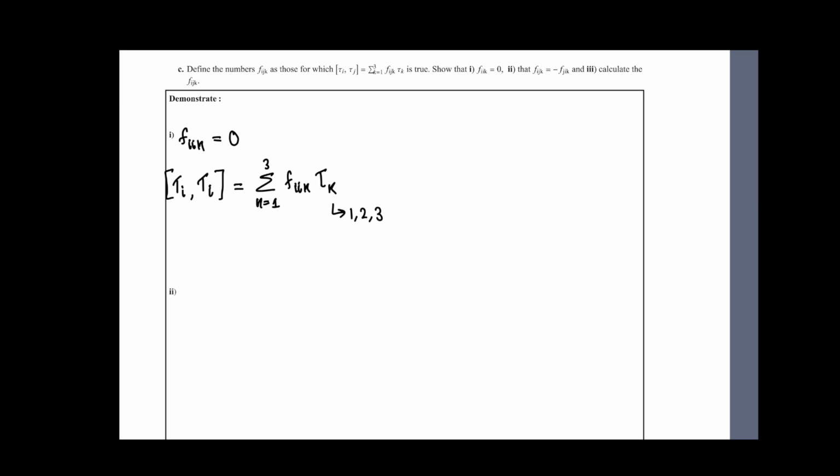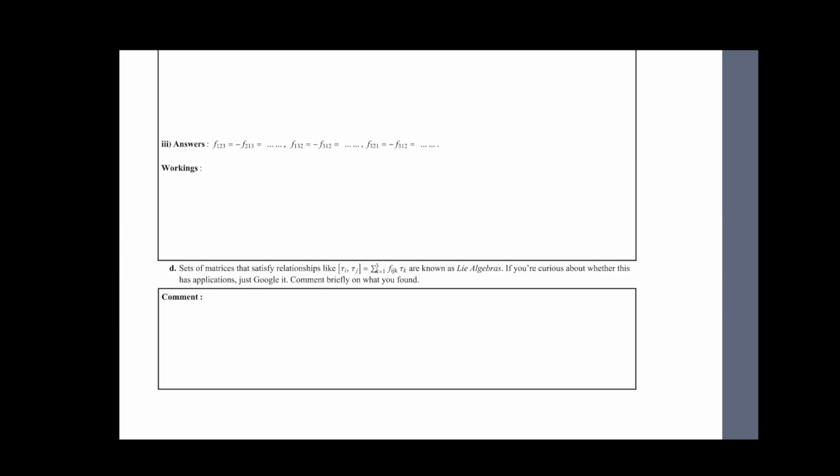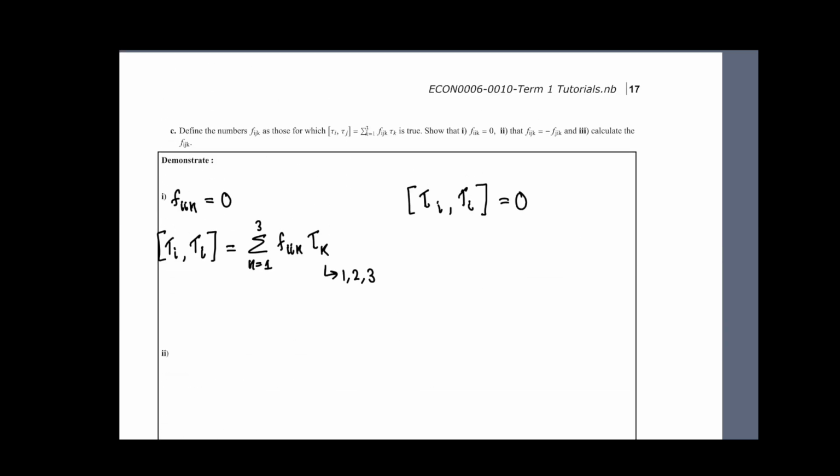From before, we know that the commutator of two identical matrices will be 0. That's what we proved over here in part b i. So we know that the commutator of tau i, tau i will be equal to 0. So we have 0 is equal to the sum, where k is equal to 1 to 3, of f_iik tau k.